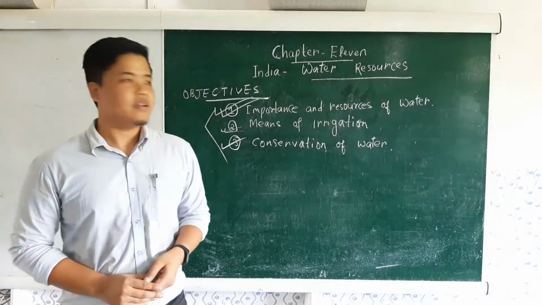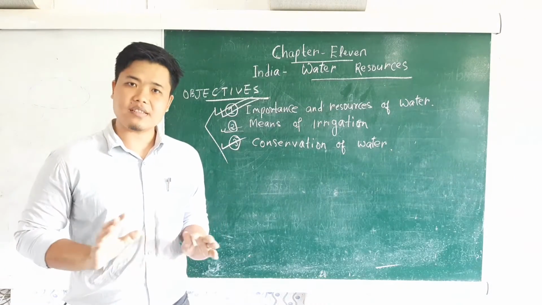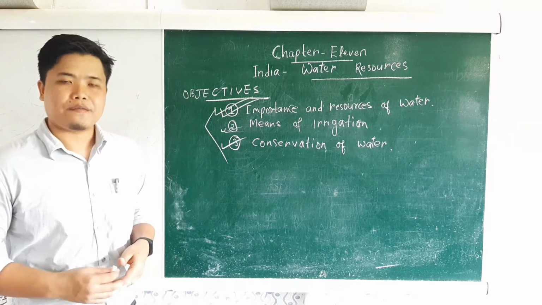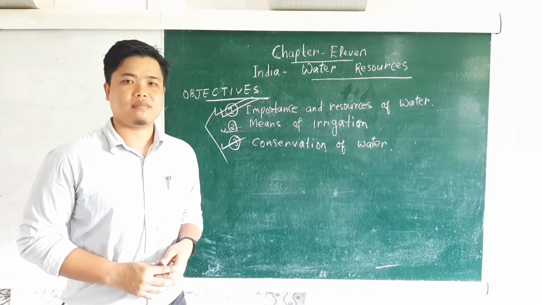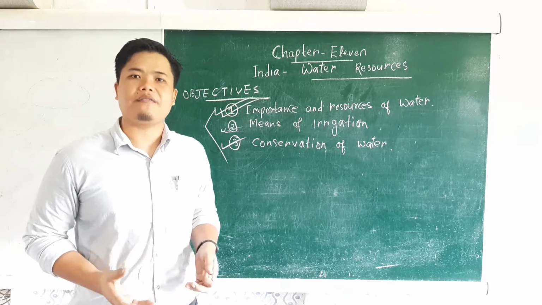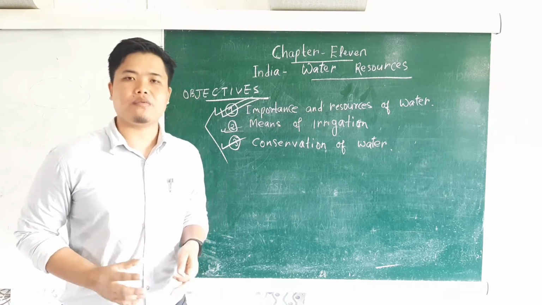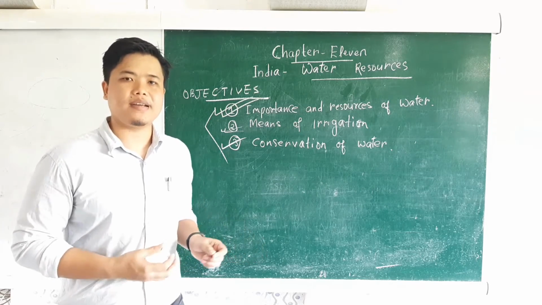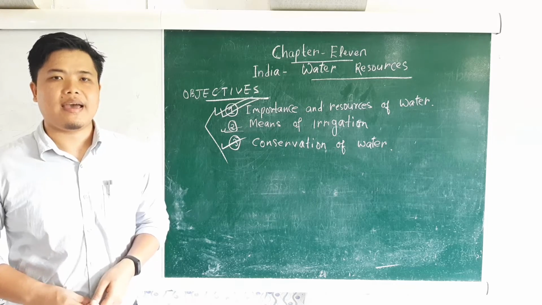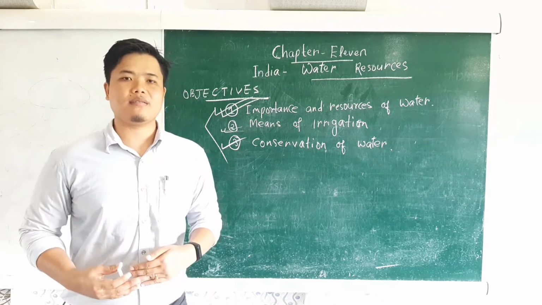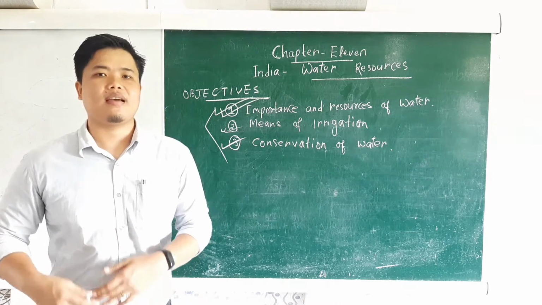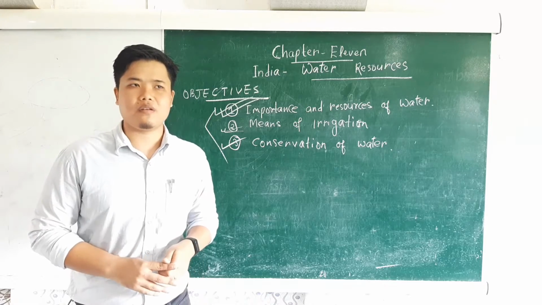And number 2, we have means of irrigation. Just a brief summary. From where do our farmers get supply of water? In India, we have uneven rainfall. Some states get plenty of rain, the others very little rain. And those states that produce abundant agricultural products did not receive heavy rainfall.